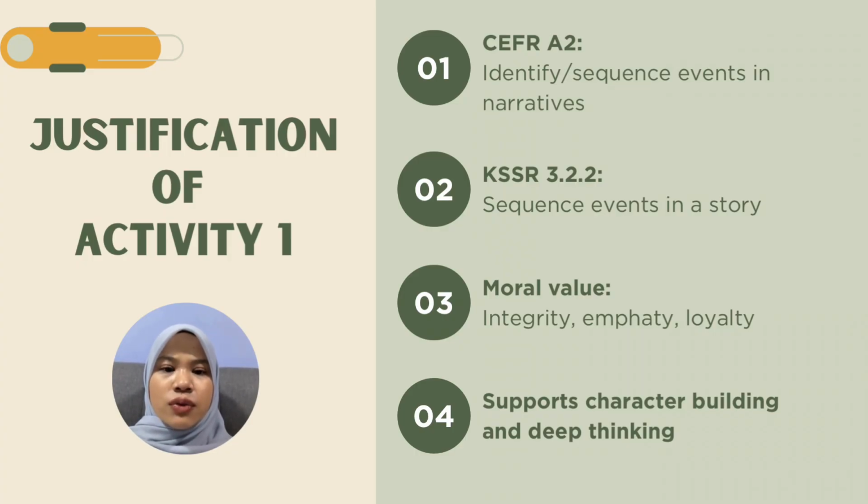In terms of values, students also learn that being overly ambitious or selfish can lead to consequences. It encourages reflection, responsibility, and empathy, which are essential traits for personal development. Thus, this activity not only supports language growth but also nurtures ethical thinking in line with Program Learning Outcome 5.